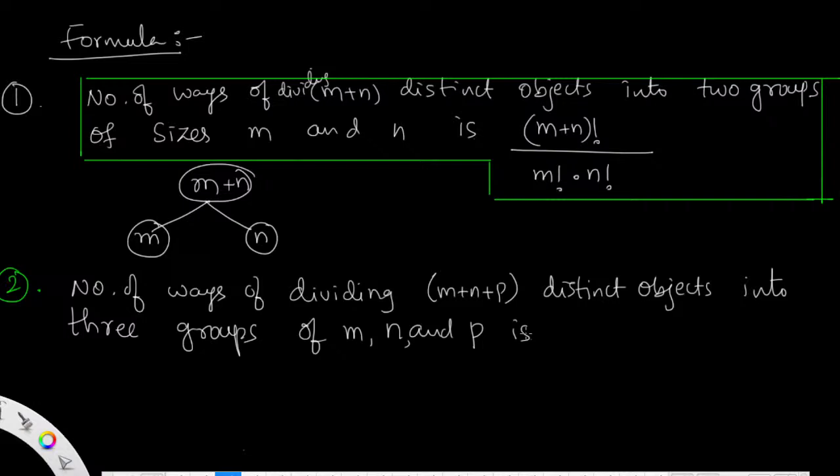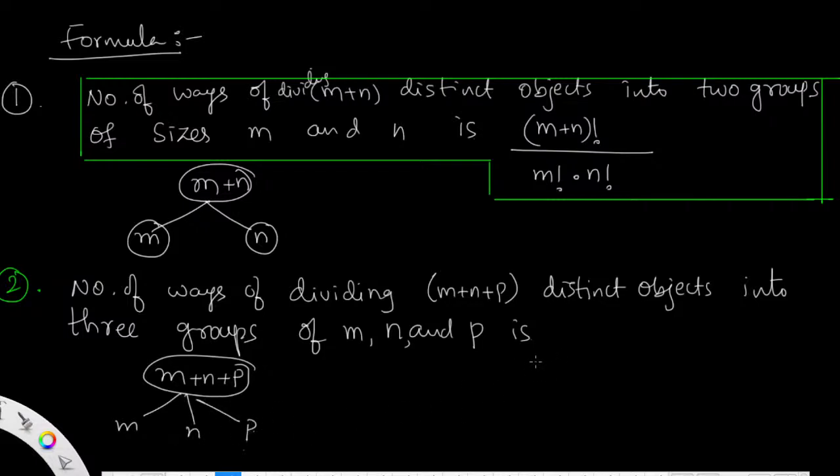The number of ways of dividing m plus n plus p distinct objects into three groups: let m be the size of one group, another group size n, and p the size of the other group. Then how will you write the formula? Directly, m plus n plus p is the total things, which can be divided into an m group, an n group and another group of p.